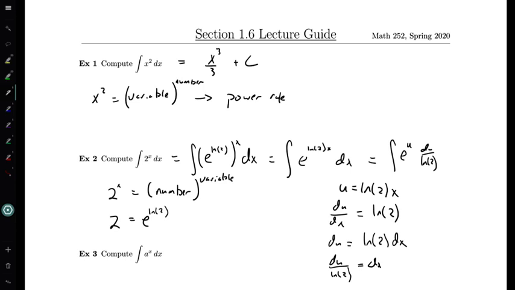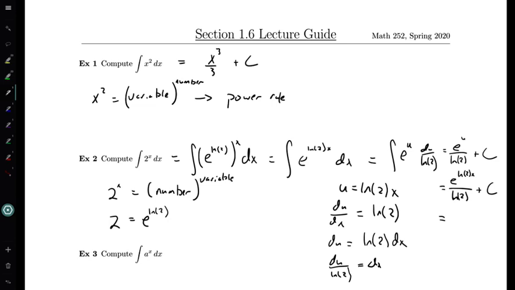Since natural log of 2 is a constant multiple, it's going to stick around in this integral procedure, and we're going to get e to the u over natural log 2 plus c as the integral, which we can then rewrite as e to the, let's see, we had u being natural log of 2 times x, all divided by natural log of 2 plus c.